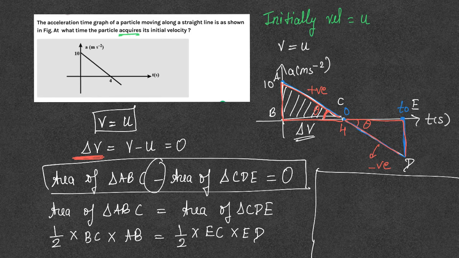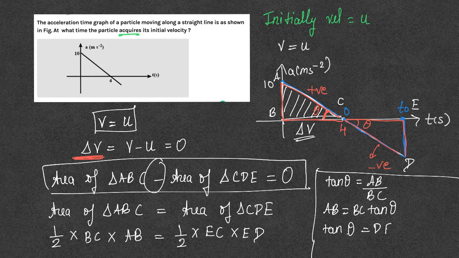Now as you see in this triangle, tan theta in the ABC triangle is equal to AB upon BC. That is AB is equal to BC tan theta, and tan theta in the second triangle, that is CED, is DE upon EC, so DE is equal to EC tan theta.